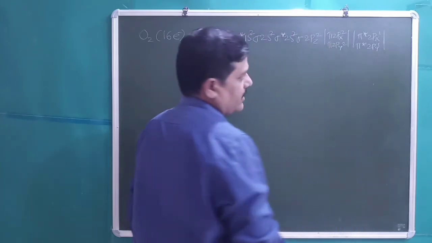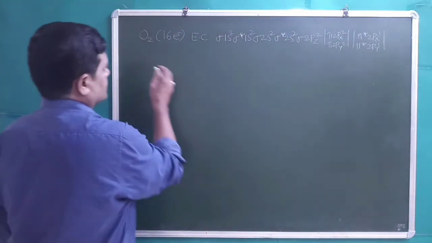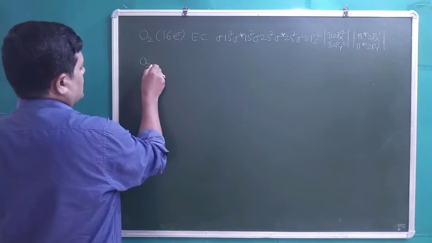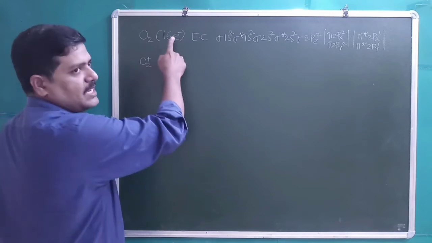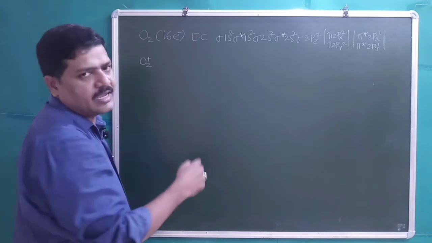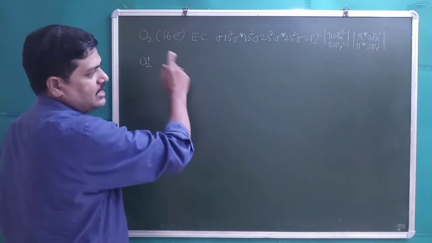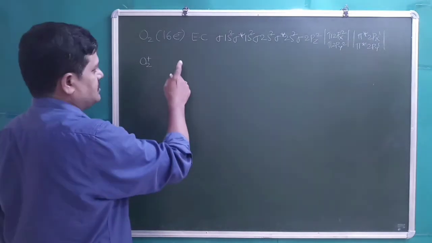This is the electronic configuration for O2. O2 has 16 electrons and is paramagnetic in nature. Bond order, as we calculated earlier, is 2.